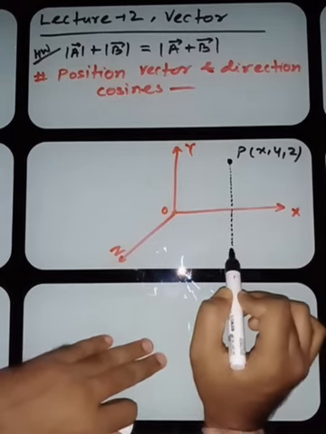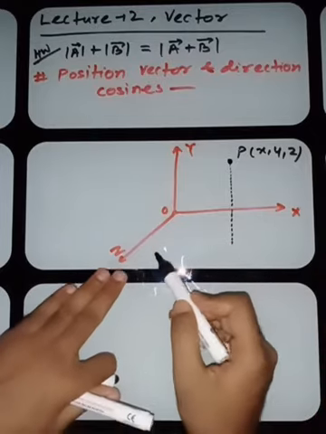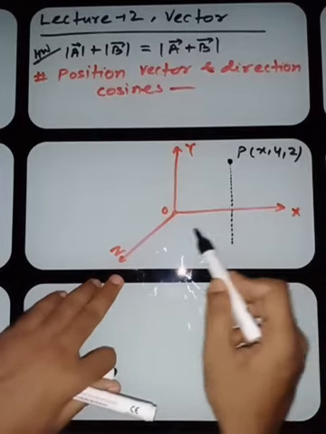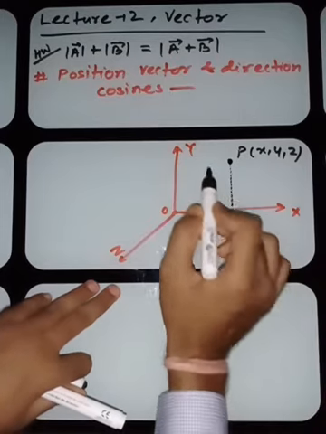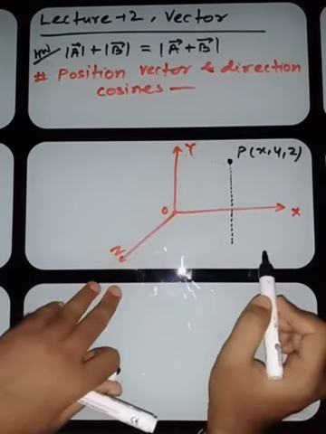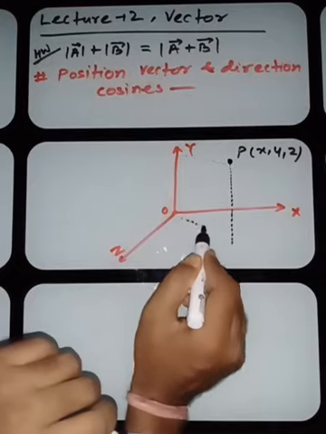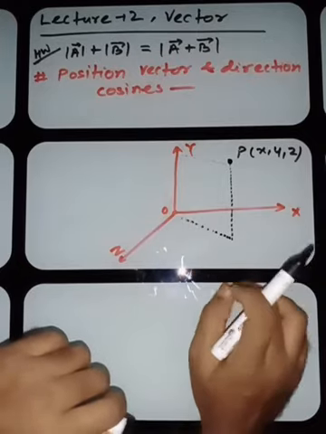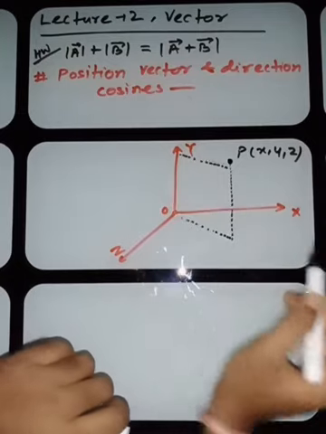This line drawn dropped somewhere in the xz plane. If it is at some distance from this axis, this length from the origin remains the same. This one and this one are the same.